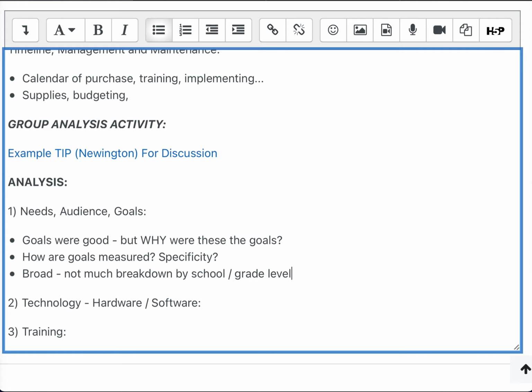Yeah, I mean they do mention who their audience is. They give the little blurb at the beginning of the demographics of the district and so on, which is good to see. I actually agree with the first comment about the needs assessment. What I found missing in a lot of this was that piece of it.